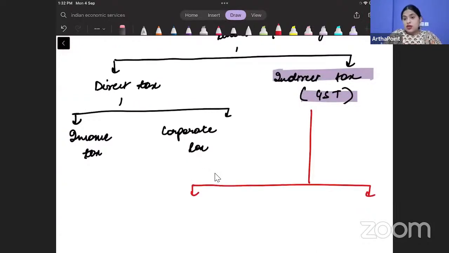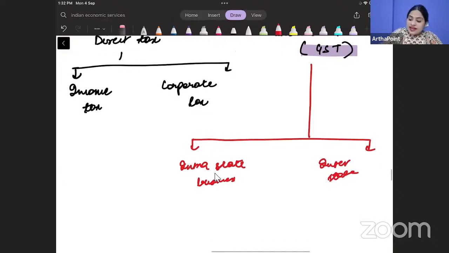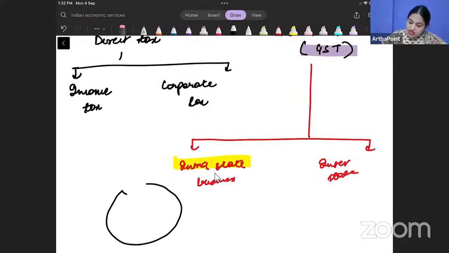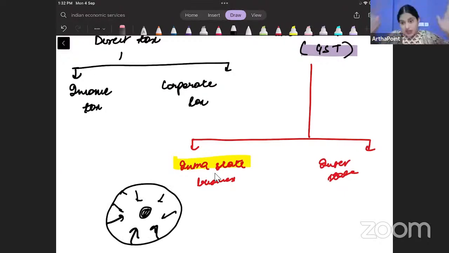Okay. जो हमारा indirect tax है ना, अब हमने दो चीजें लॉन्च की हैं. We have two things. One is called intrastate business and one is known as interstate business. But intra means within. तो अगर एक स्टेट की बाउंड्रीज के अंदर अंदर ही ट्रांजैक्शन हो रही है, then it is intra, it is within the state.